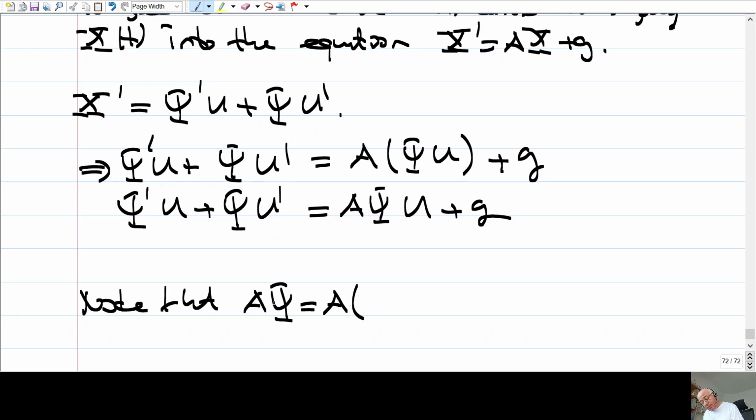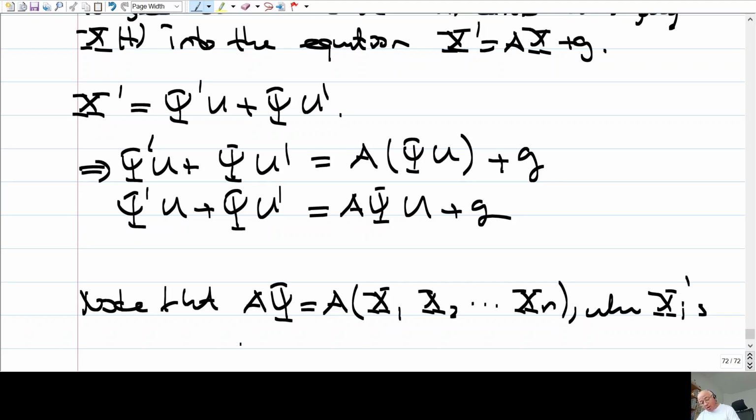Well, remember that the columns of psi are solutions of the homogeneous equation, x1, x2, up to xn, where the x_i's are solutions of the homogeneous equation.